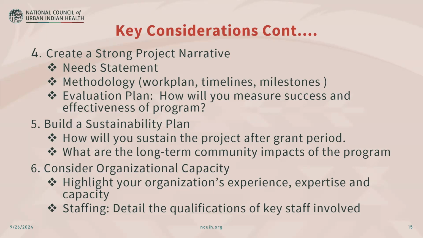Next, build a sustainability plan that explains how the project will continue after the grant period and what its long-term community impacts would be. Lastly, consider your organization's capacity by highlighting your experience and expertise, as well as detailing the qualifications of the key staff involved to assure the funders of your ability to execute the project. Okay. Next slide.